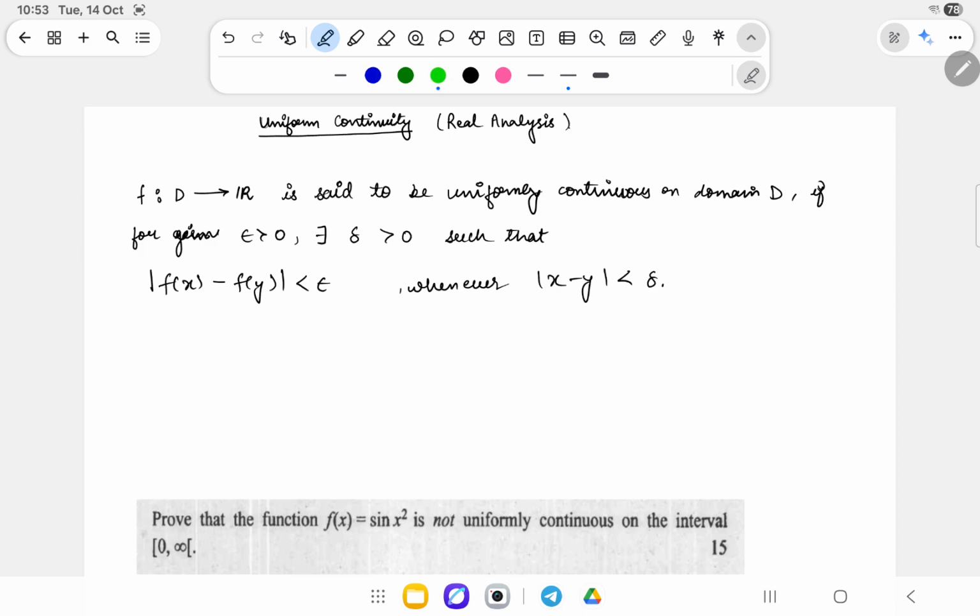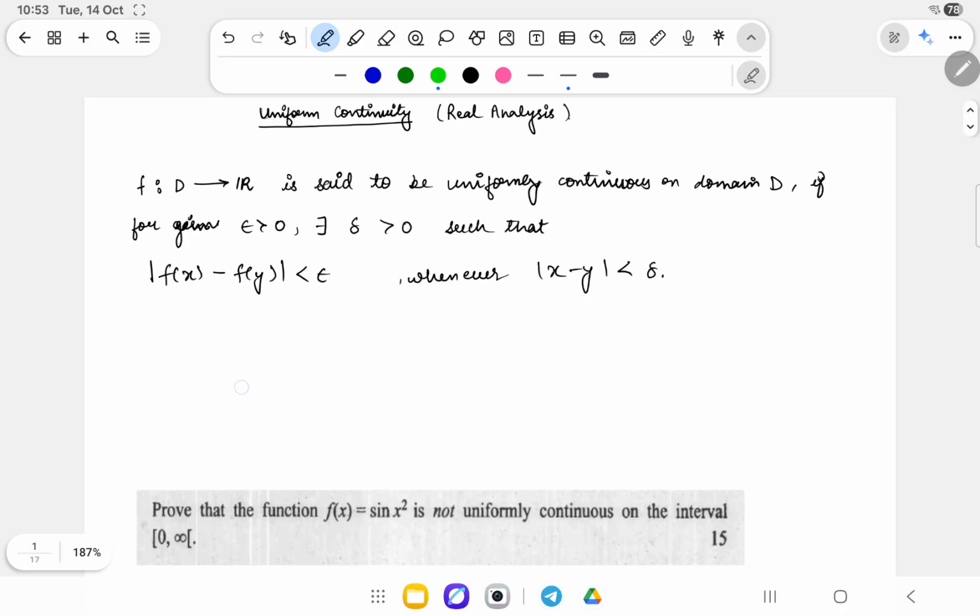So that means that whenever these two points x and y are close enough, then their images are also very close.